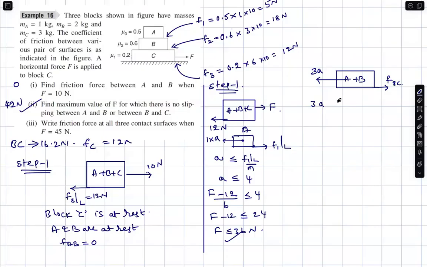Remember, 3A is less than or equal to the limiting value, 18 newtons, because 0.6 into 3 into 10 is 18. A is less than or equal to 6. F minus 12 by the mass of the system, 6, is less than or equal to 6. F is less than or equal to 36 plus 12. How much is this? 48 newtons.